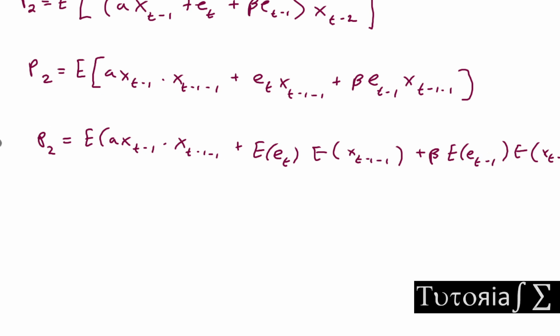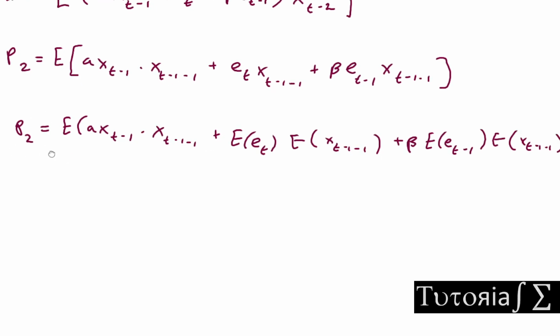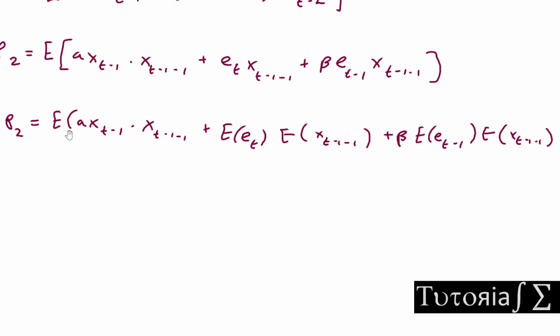So basically here, we see that the expectation of e_t, just like before, is 0 and that is 0, so this will be 0. So what we're going to remain with for row 2 is just alpha expectation of x_{t-1} times x_{t-1} minus 1.